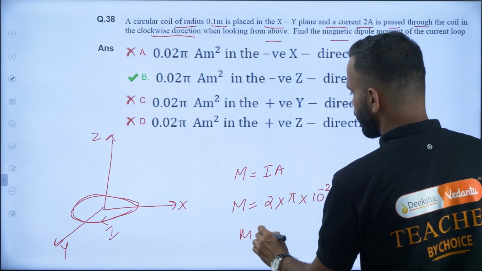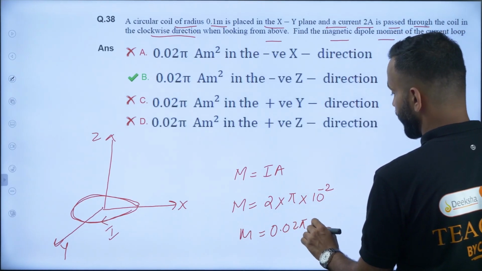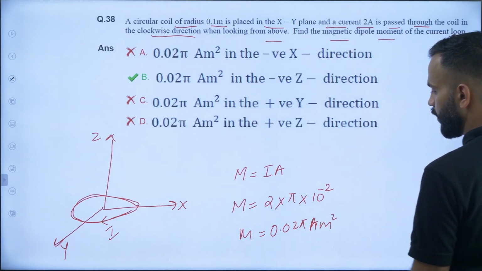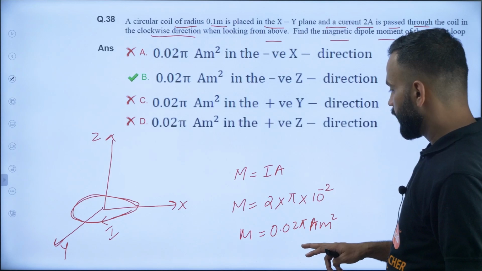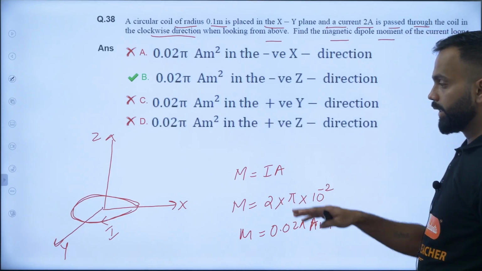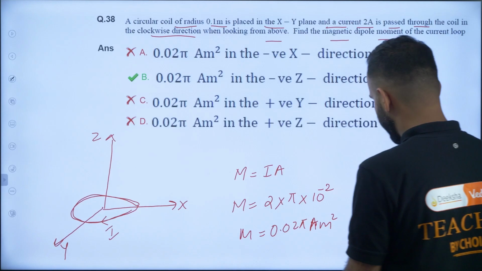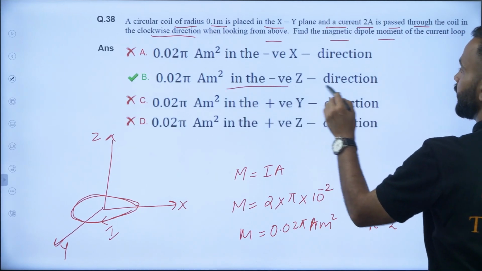So M equals 0.02 pi ampere meter square. This is the magnetic dipole moment, and its direction is negative Z direction. So the correct option is B.